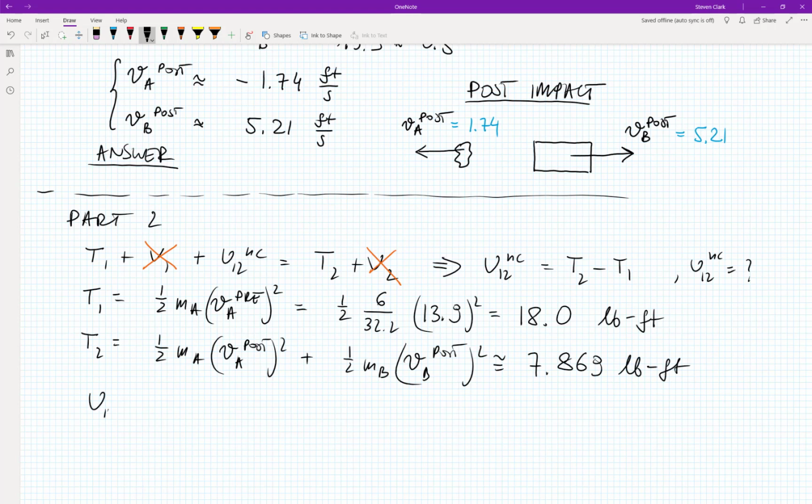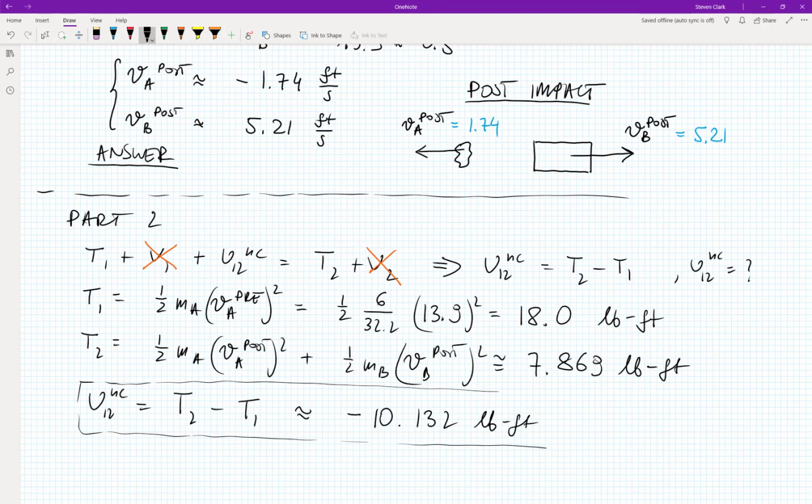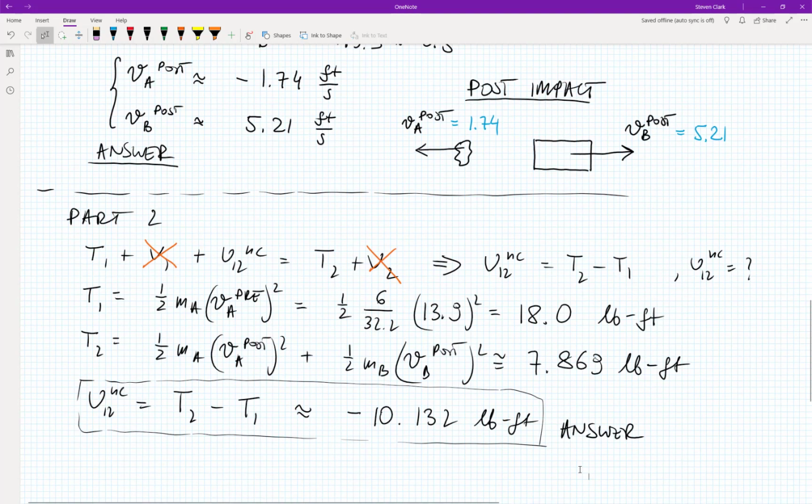Okay, so that means that our U12 non-conservative is equal to approximately minus 10.132 pound-feet. And this is our answer. As you can see, we obtained negative value for energy. That means that our energy is dissipated during the impact. Yes, we are going to lose some energy.